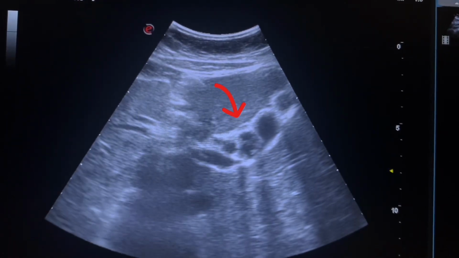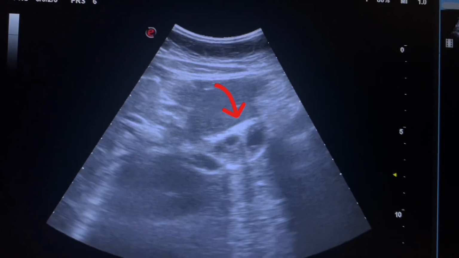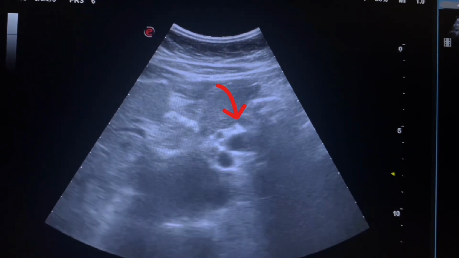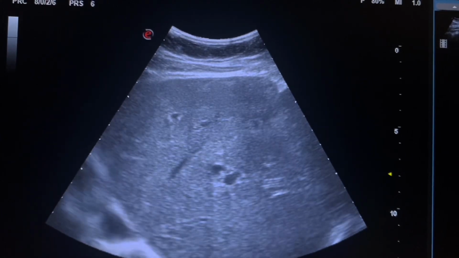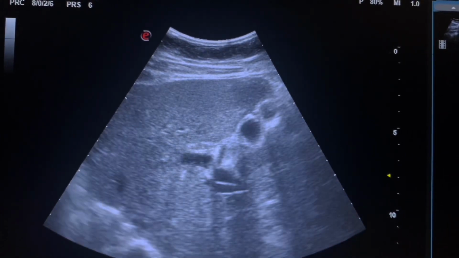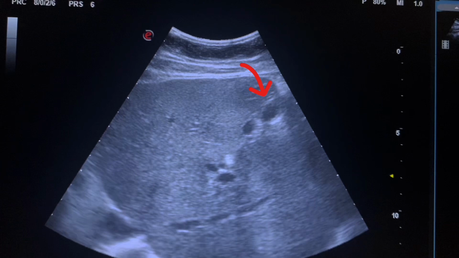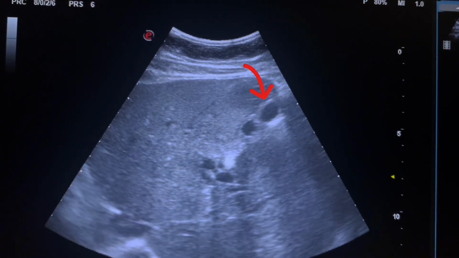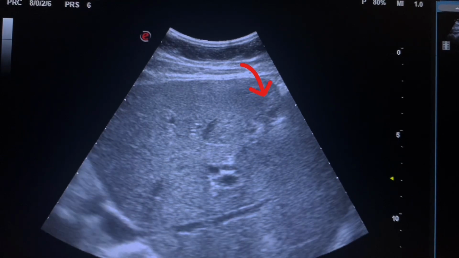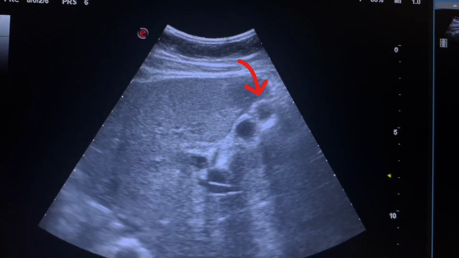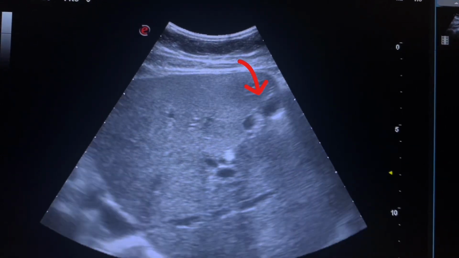The walls of the gallbladder are echogenic and appear to be thickened. Here we see the cyst at the fundus of the gallbladder, which is an abnormal finding.